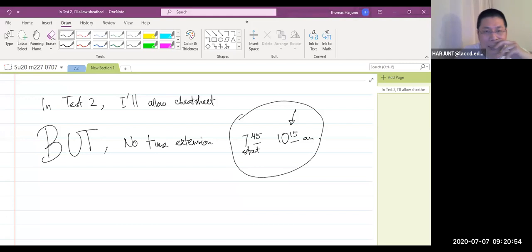Test 2 will be chapter 5 to 6.3, right? Yes. To be more precise, only from 5.4.